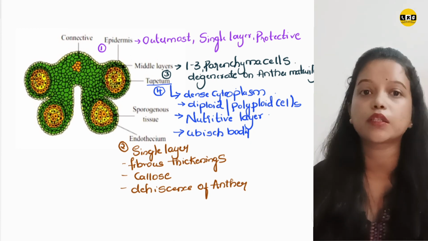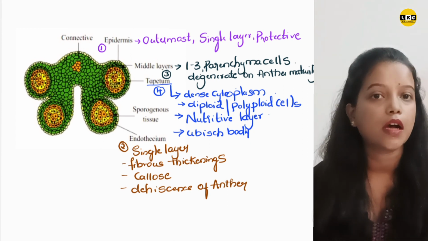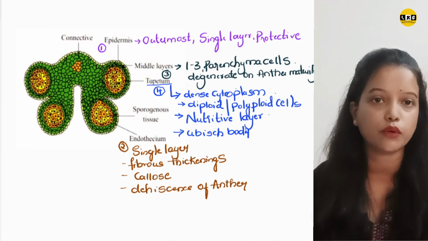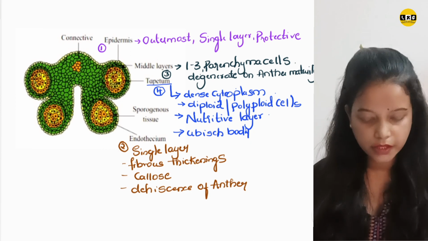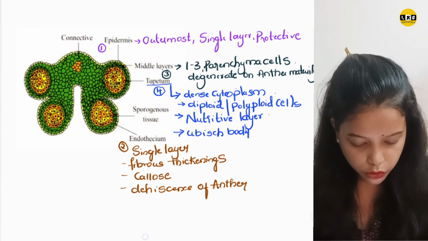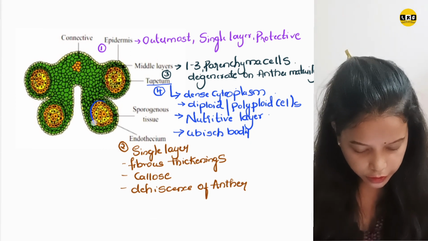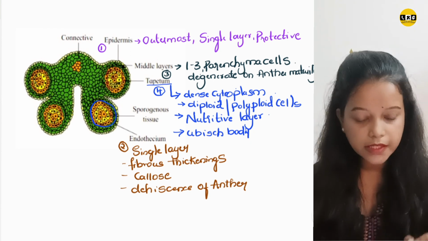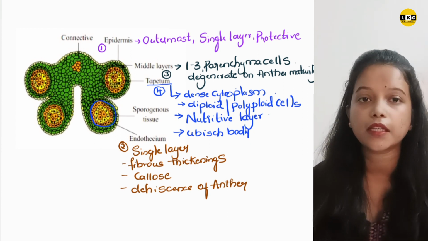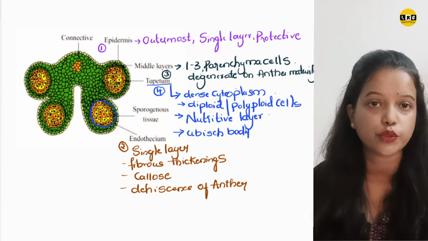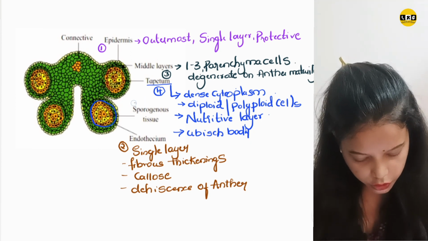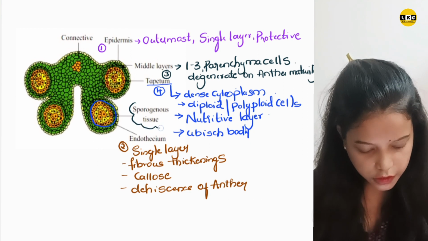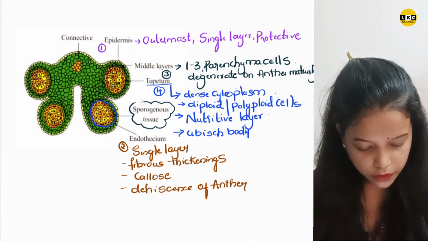Okay, so these are the 4 wall layers of the anther, that is epidermis, endothecium, middle layer and tapetum. Next, inside the tapetum, you all know there are microsporangia, and inside the microsporangia there is a special type of tissue which is known as sporogenous tissue. Here you can see inside there is sporogenous tissue.